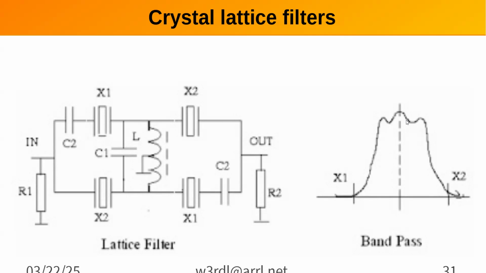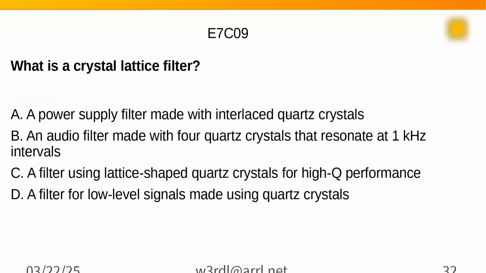So depending on how far apart they are determines how much of a bump. And if you added, say, two more, then you could have two more frequencies in there and get a flatter top. What is a crystal lattice filter?